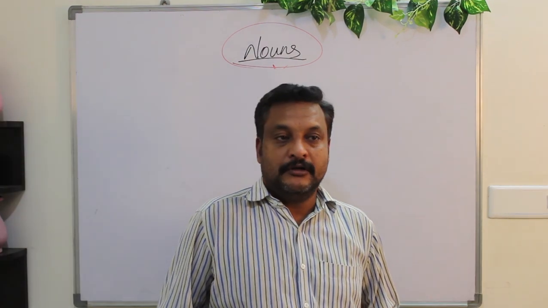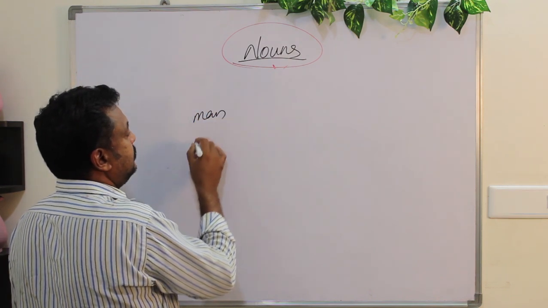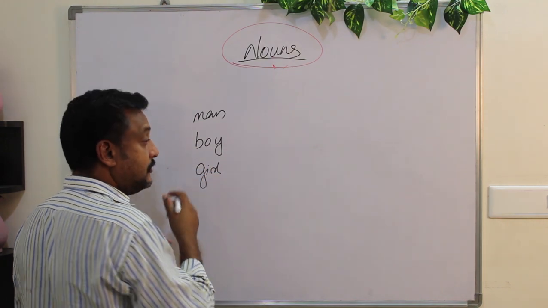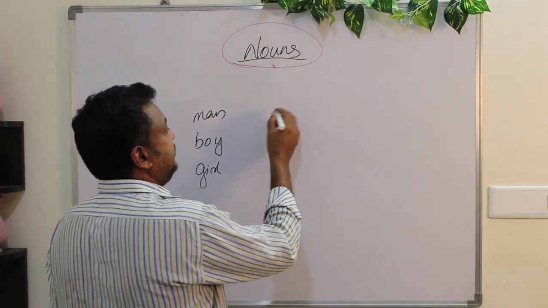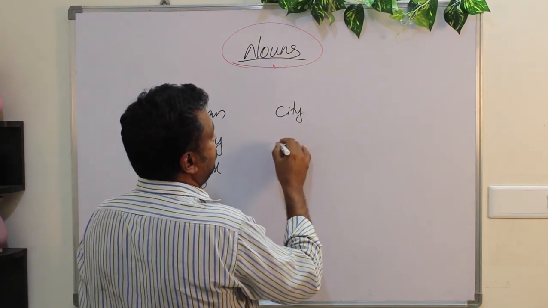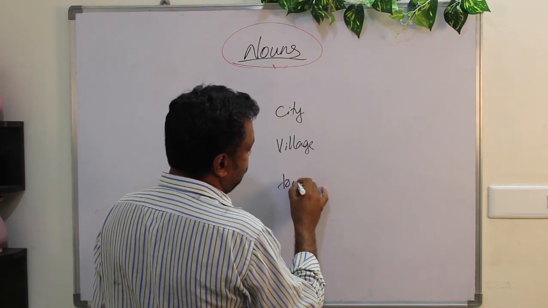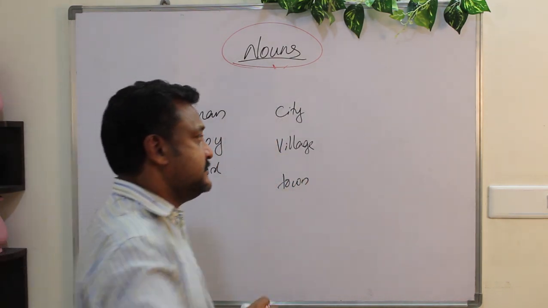Now when we write a man or a boy or a girl, they are also names of people. When we write a city or a village or a town, they are again names of places.